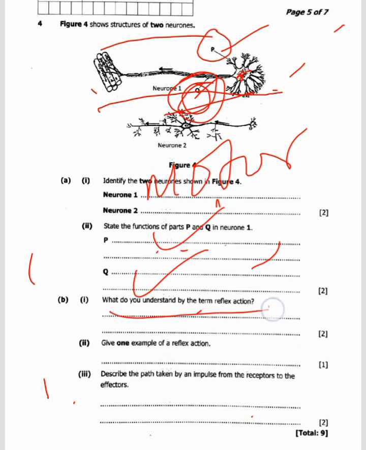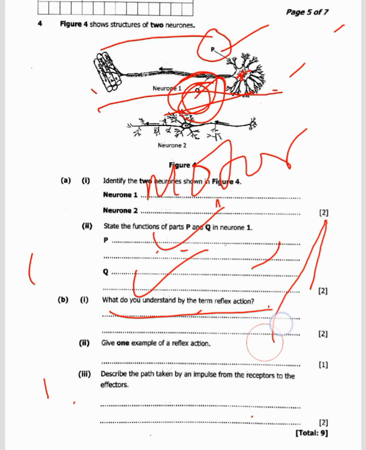We come to this part where we're saying, what do you understand by the term reflex action? By definition, a reflex action is an automatic and stereotyped response to a stimulus. A stimulus is a change in the environment. So we're talking about a situation where you respond to changes taking place in the environment.